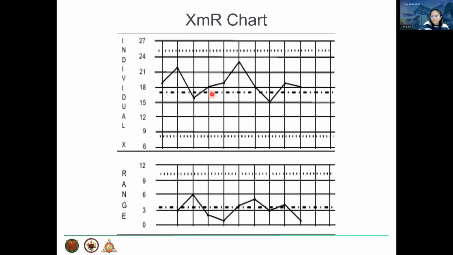Tapos, ano kaya yung center line? Sige nga, ano yung center line na to? Correct. That's just the mean na nakuha mo kanina. Tapos itong value, ano kaya to?